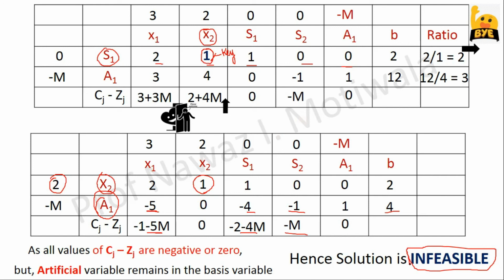In the third case, we have seen the unbounded solution, in which there is some variable which is ready to enter the solution, but there is no variable available for leaving the solution. Hence we will say that the solution is an unbounded one. And in this case we have seen that when Cj minus Zj values are negative or 0, that means the solution has terminated, and even then the artificial variable remains in the solution, so we say that the solution is infeasible.